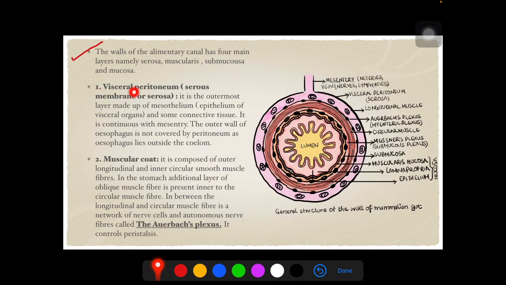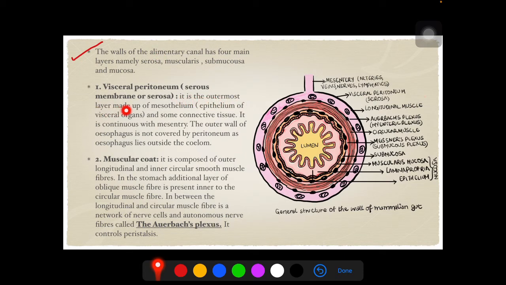The visceral peritoneum, or the serous membrane, or the serosa, is the outermost part of the walls of the alimentary canal. Its different names are visceral peritoneum, serous membrane, or serosa. This is the first layer of the walls of the alimentary canal.